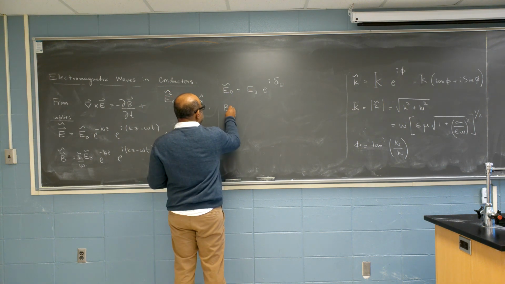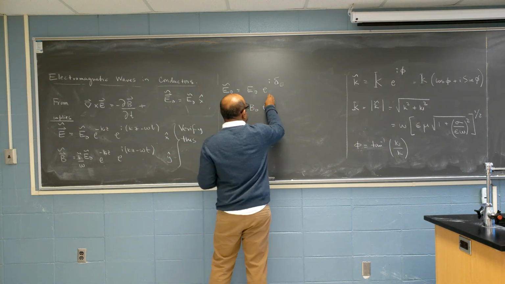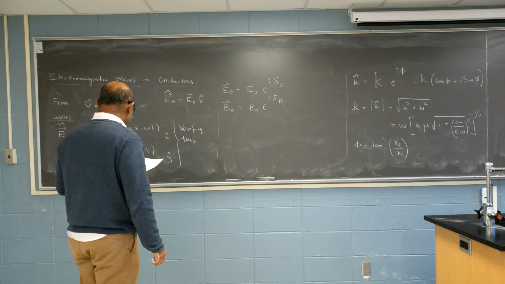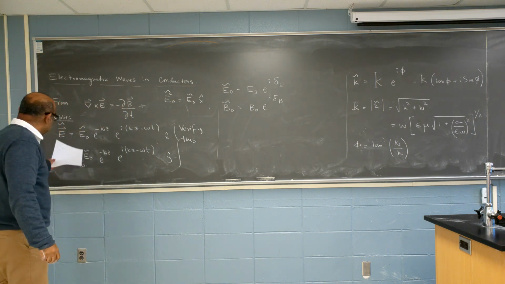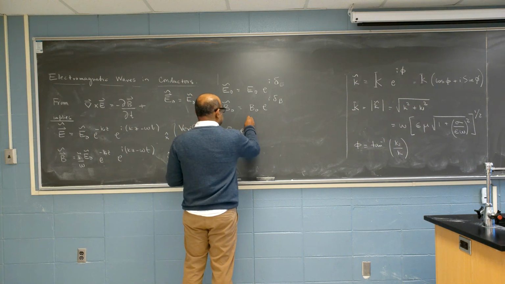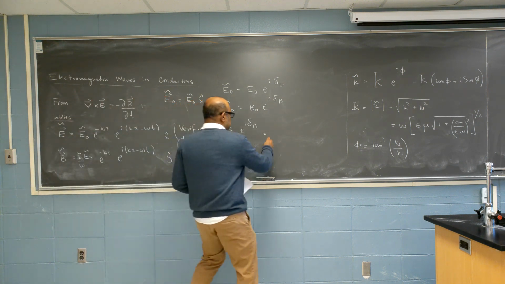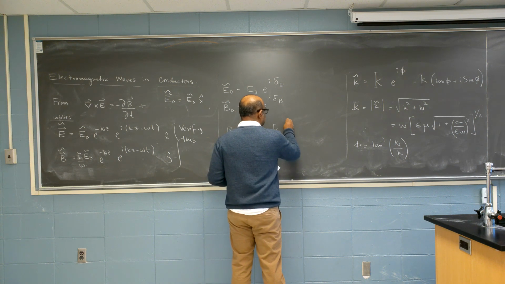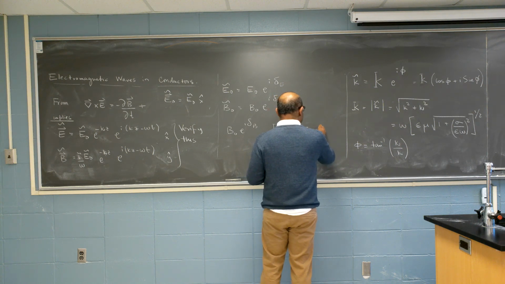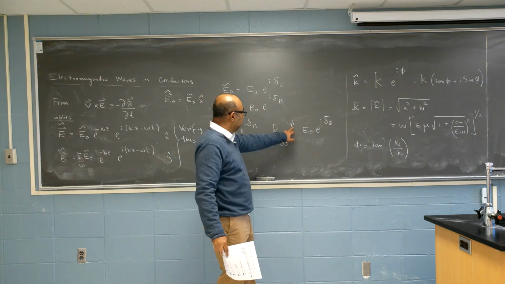And B, I'm going to write as real B0 times e to the I delta B. That means when I look at this over here, I would get B0 e to the I delta B is equal to K tilde over omega, K e to the I phi over omega, E0 e to the I delta E. So there, the phase is off by this factor.